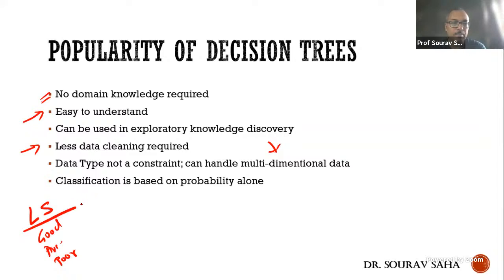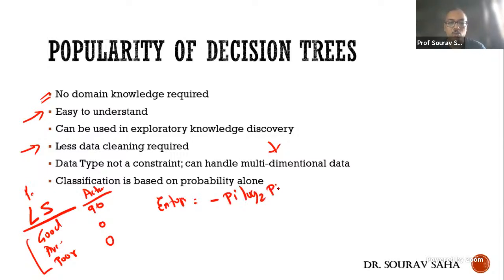If all of the people who are attending the learning session are getting good results, no average, no poor, then if I look into the entropy of this particular learning session variable, entropy is equal to minus pi log to the base 2 pi.